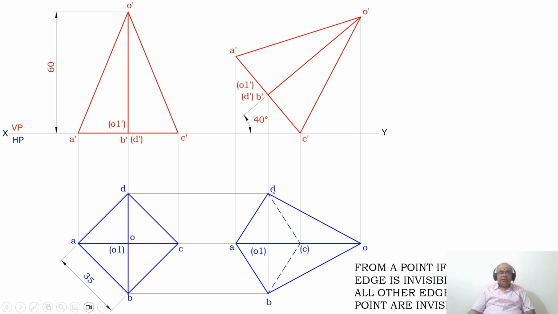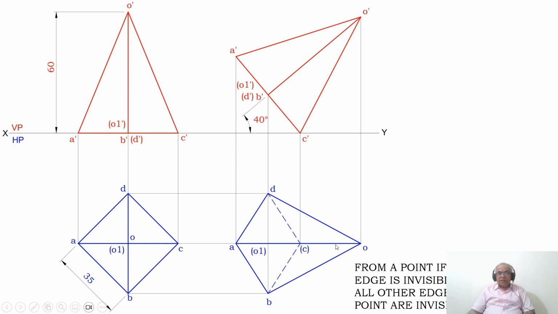Again you can apply: D is a visible point, C is an invisible point. Visible to invisible is invisible. Or else, from the point, if any one of the edges becomes invisible, automatically the other edge joining C and D will also become invisible.